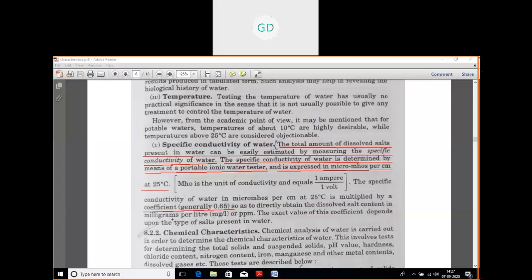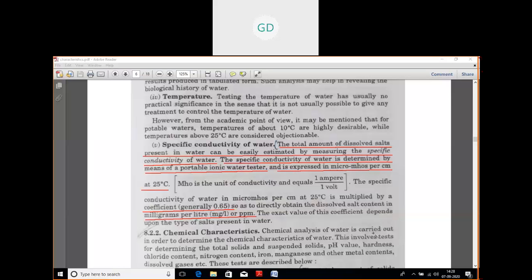The conductivity unit is micromoles per centimeter, but after you get your specific conductivity, you multiply that value by the factor 0.65, and you will get your answer in milligrams per liter or ppm, and that gives the required salt content in your sample of water.